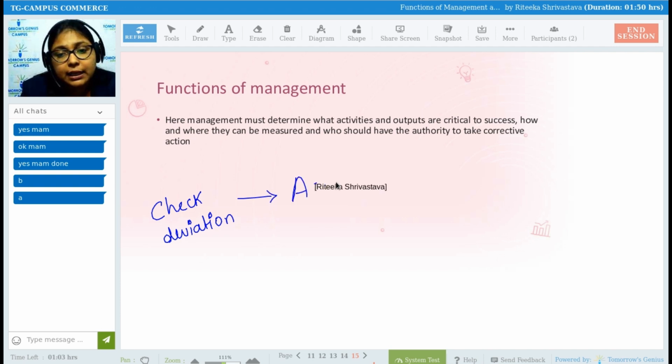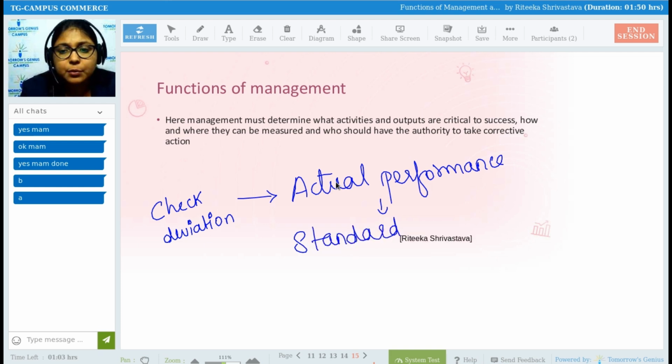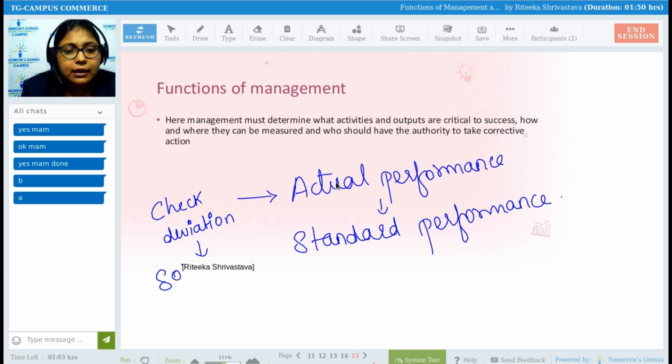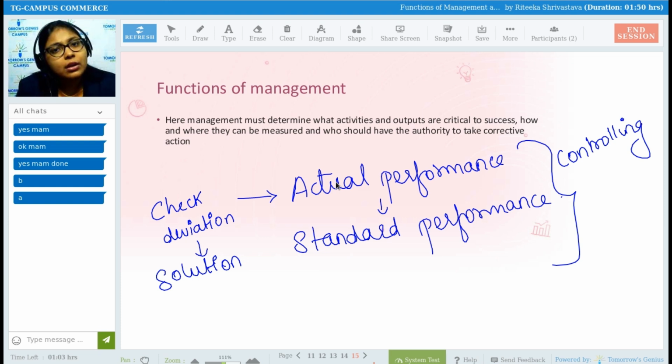Deviations between actual performance with that of standard performance. And if at all there is any deviation, then I have to find a solution for it. And this entire process is nothing but controlling. This is nothing but control.